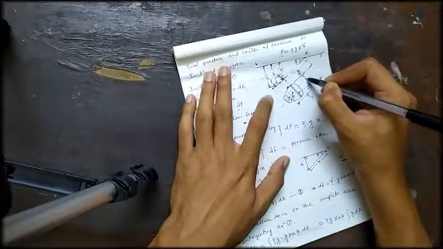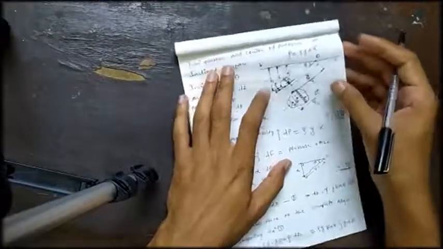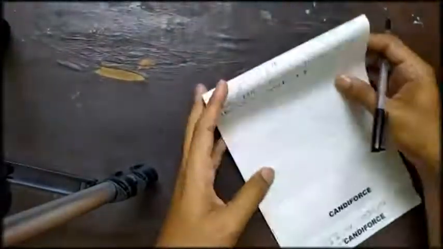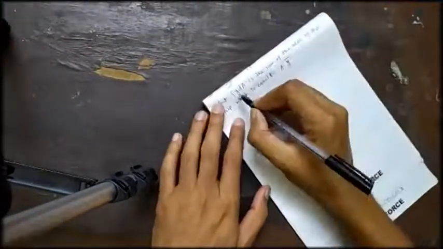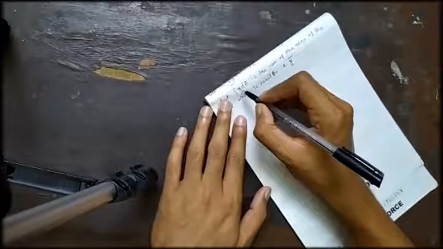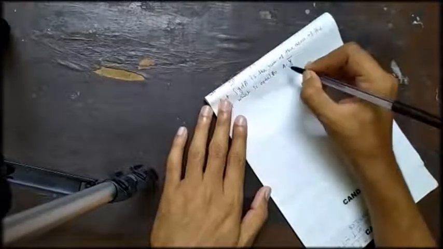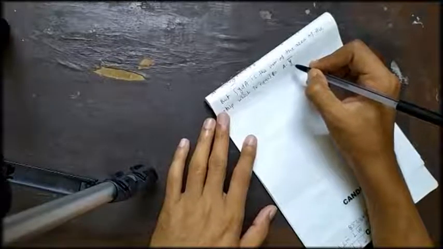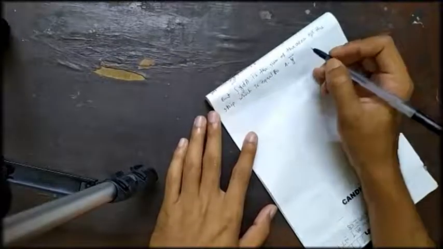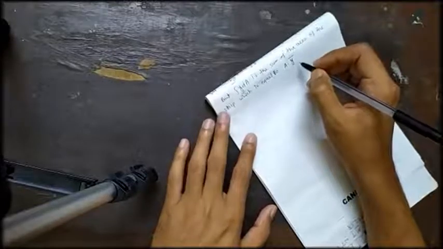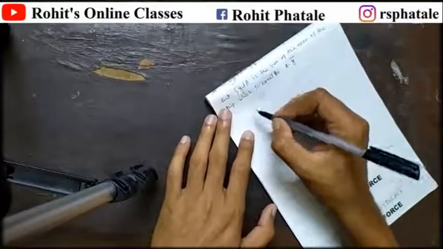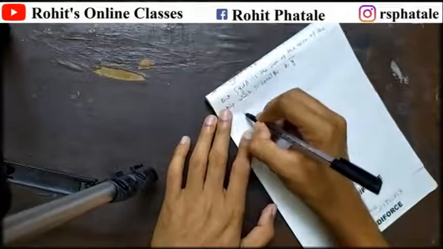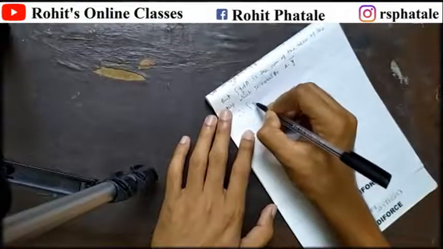So upon integration of y into dA, we get y bar into A, or A into y bar. This is our product. Therefore I can write the integration of y dA is equal to y bar into A.